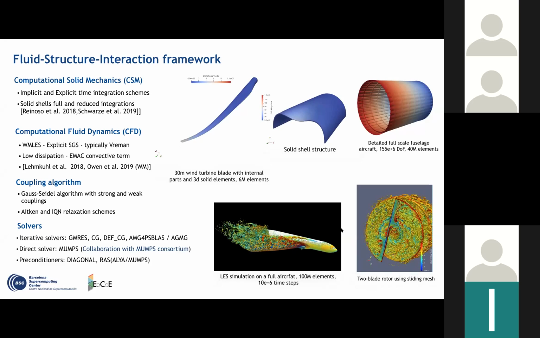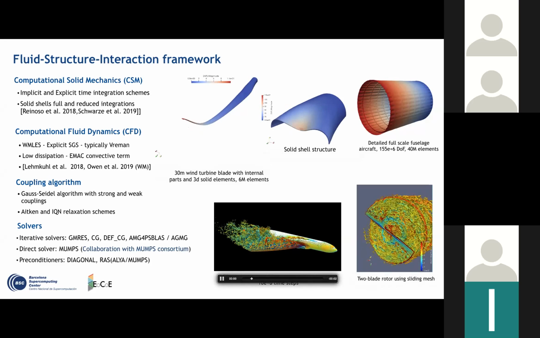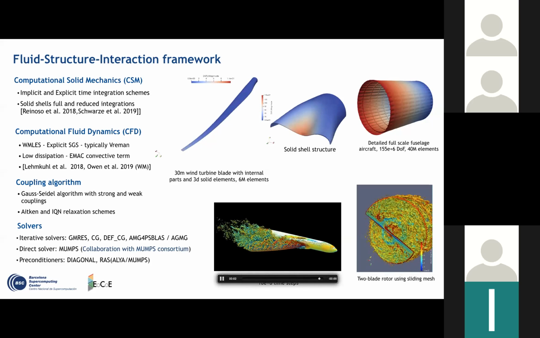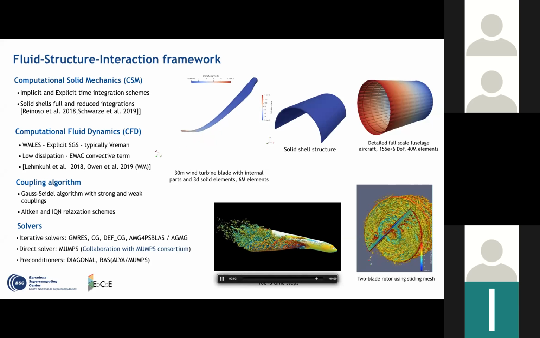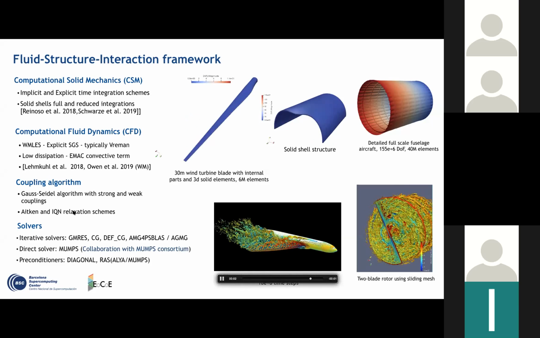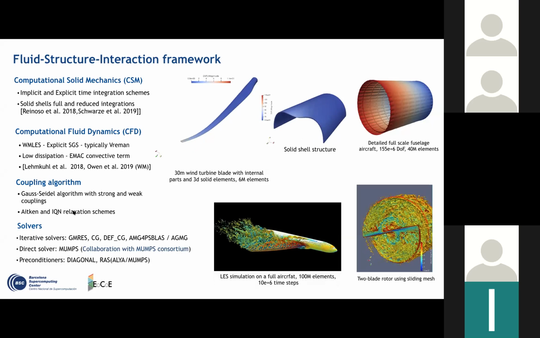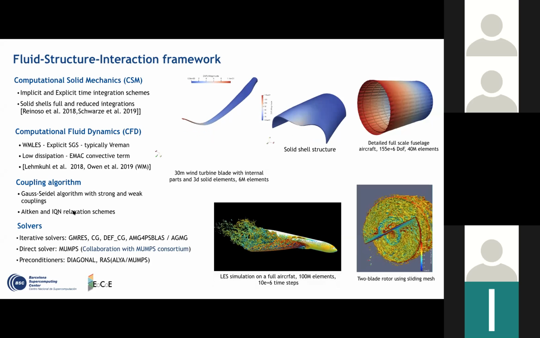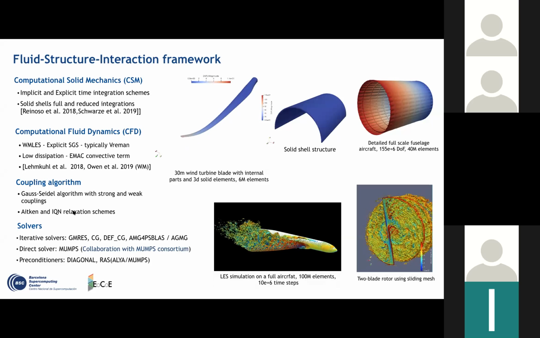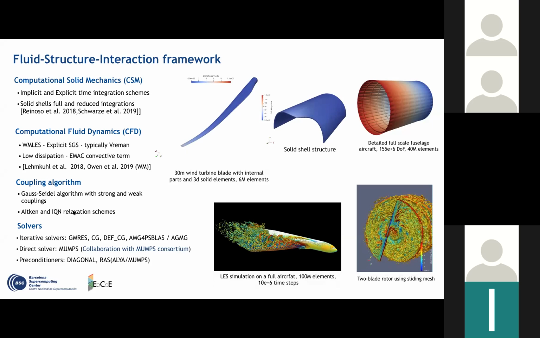But the coupling algorithm that we use to solve this coupled simulation is also very important. For this project we use a Gauss-Seidel algorithm, and we can also use strong and weak couplings, and we have different kinds of relaxation schemes such as Aitken and IQN.